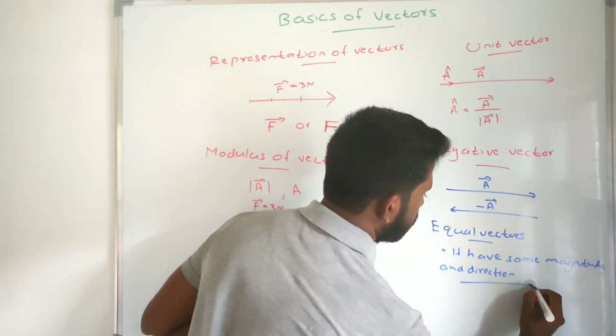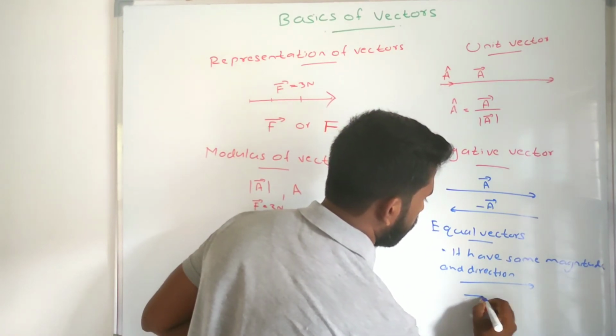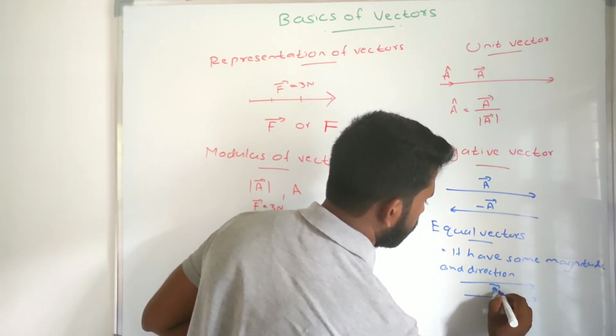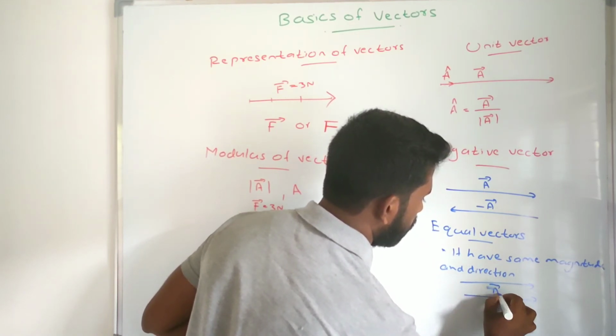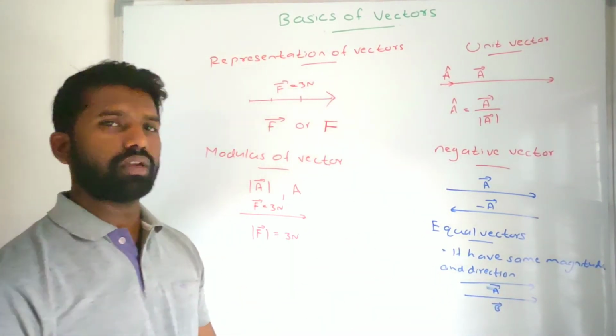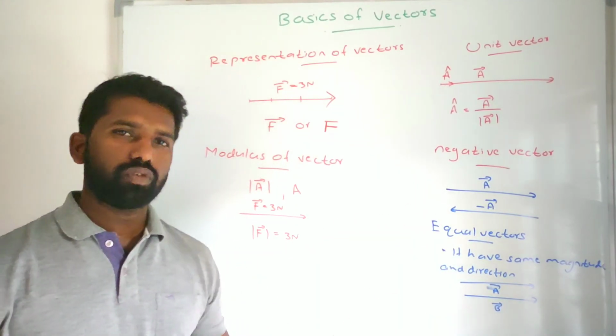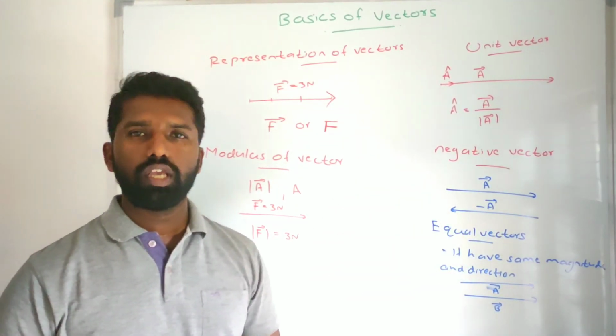That means this is vector A and another is vector B. Here you see these two vectors, A vector and B vector, have the same magnitude and the same direction. So these two vectors are equal vectors.